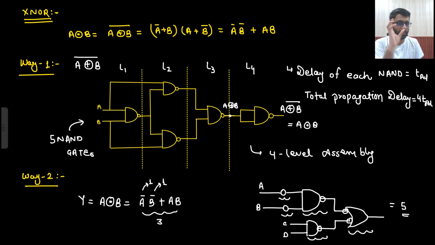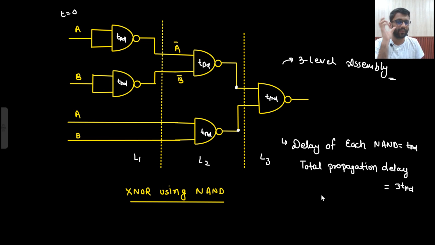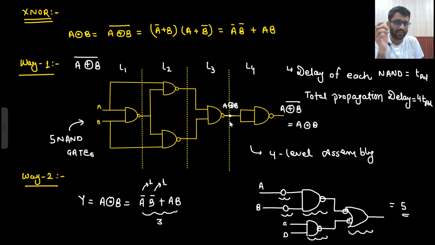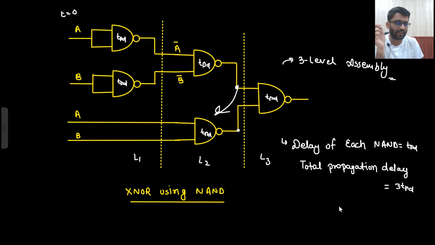But if I need only XNOR gate, then I will use this function. Because in between here you cannot get XOR gate. In this structure, in between only you can get XOR gate. But here at this node, will you get XOR gate? No. You will have to make it separately.